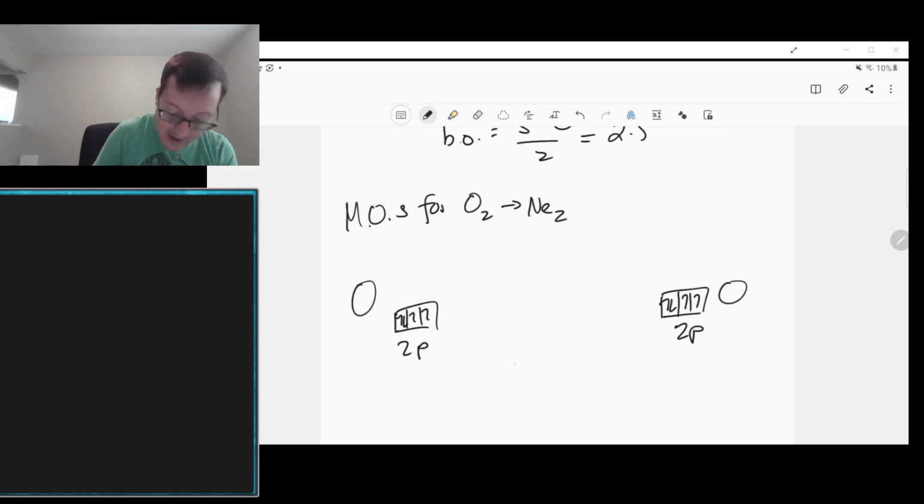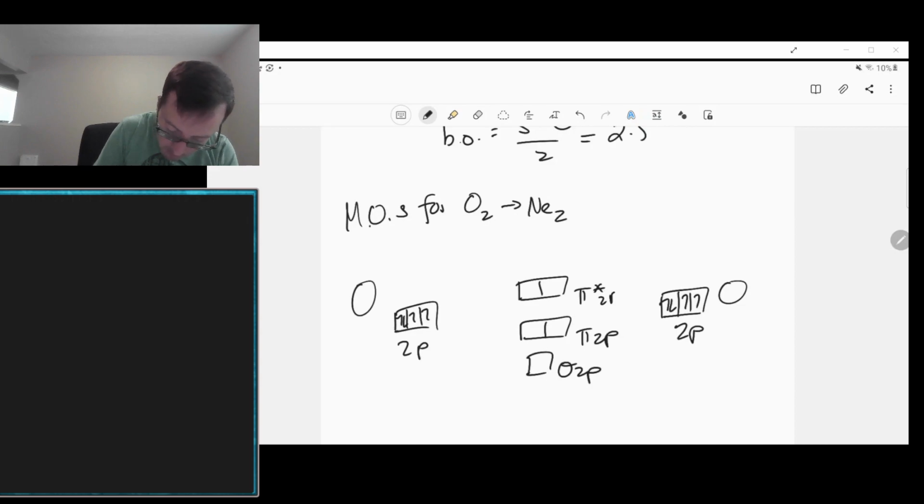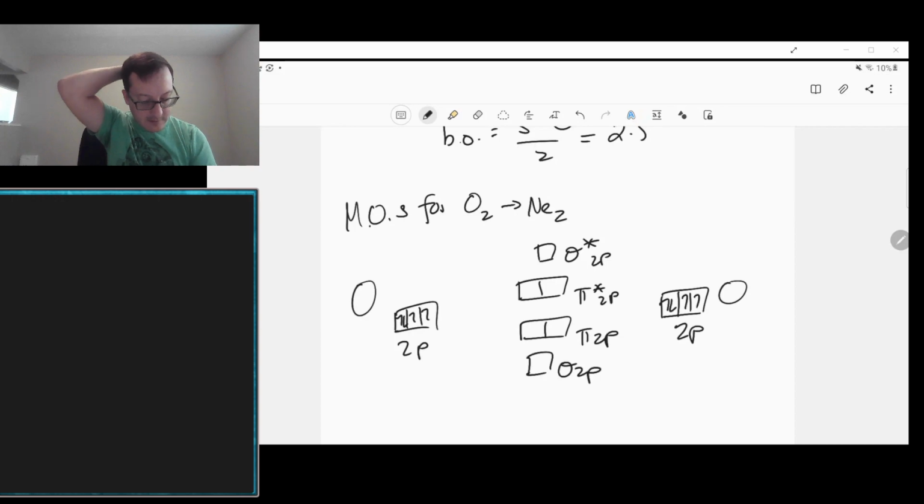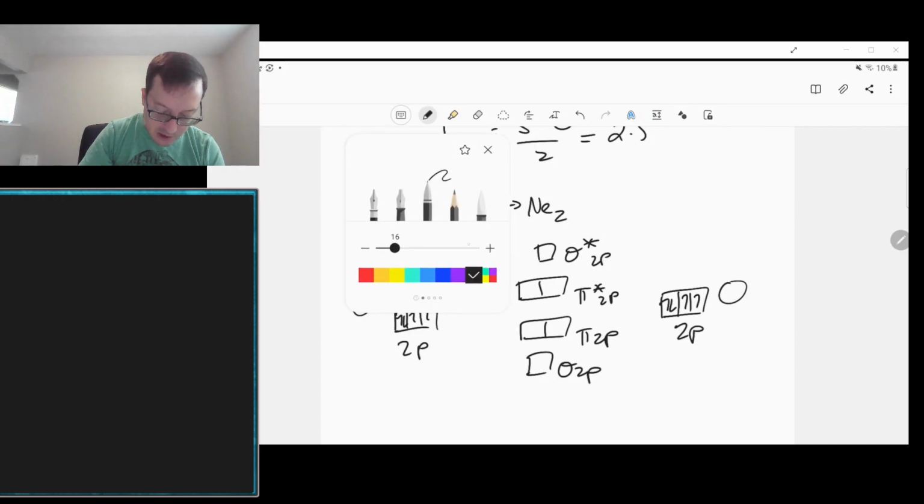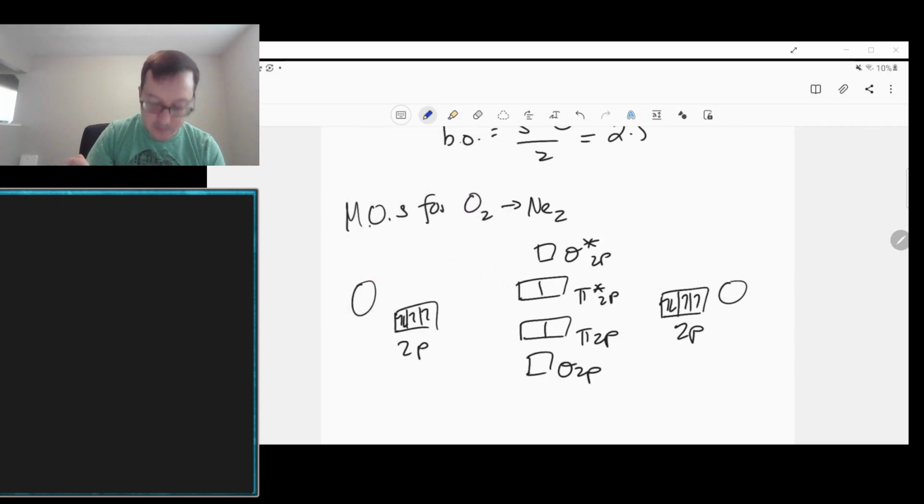There's something different that happens between O2, the molecular orbitals between oxygen and neon. We're going to see that we actually have sigma 2p, then pi, then pi star, and then sigma star. So we see here that we have a switching of the pi 2p and sigma 2p.